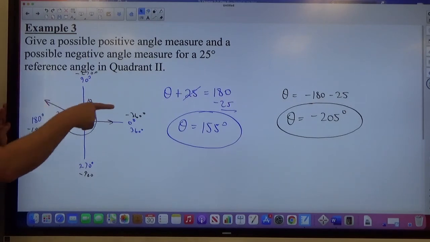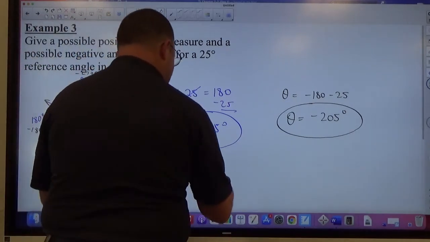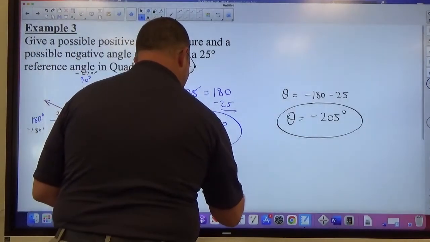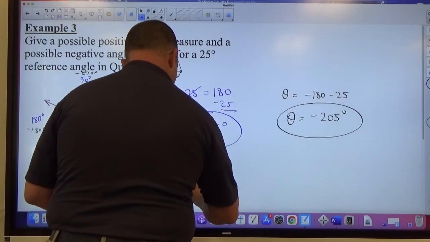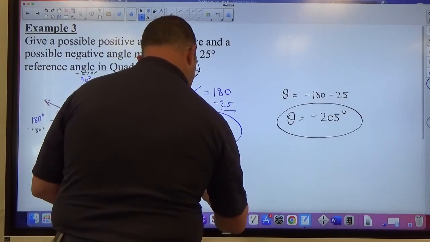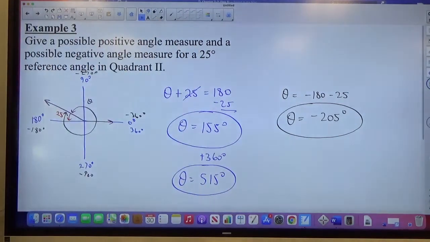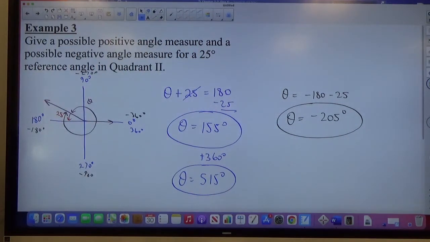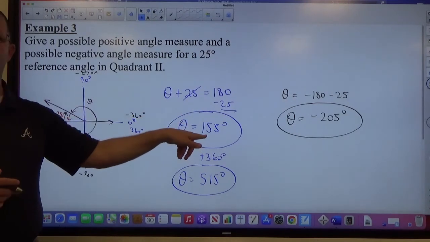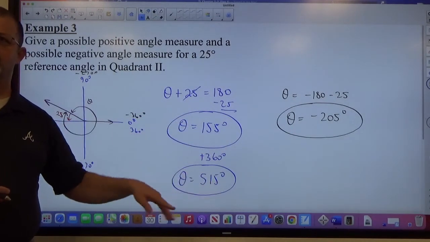So if that's a right answer, and I add 360 to it, that'd be 515 degrees. That's also a right answer. Okay. For me personally, I usually go with the one between 0 and 360, but just know there's multiple answers.